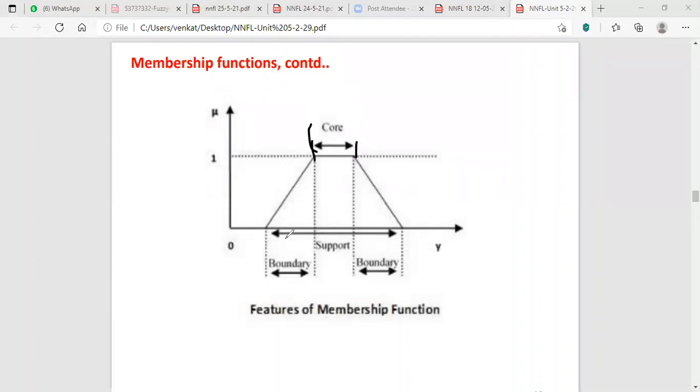Support is completely when mu A is a non-zero value. That is, this complete part is indicating your support. Boundary is between 1 and 0. This region is indicating the boundary between 1 and 0.